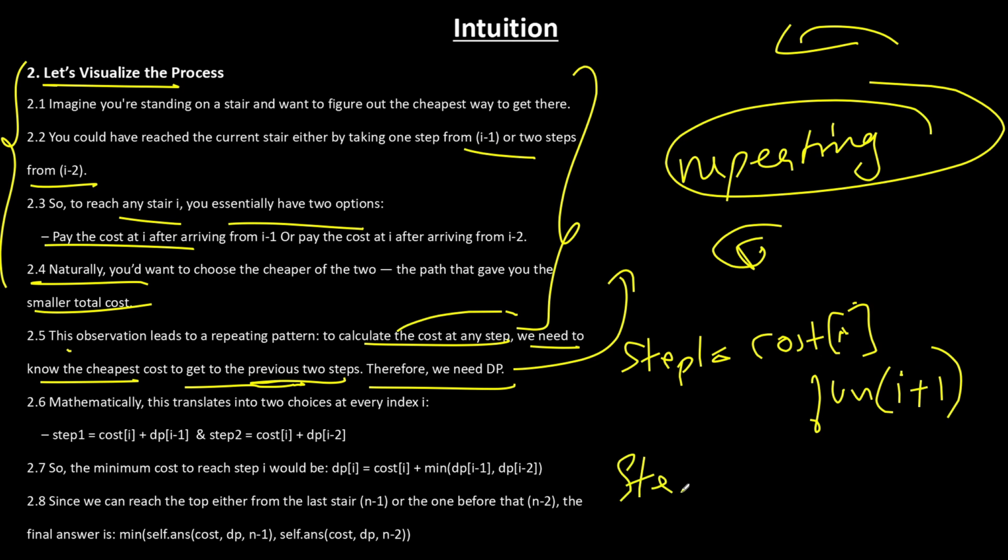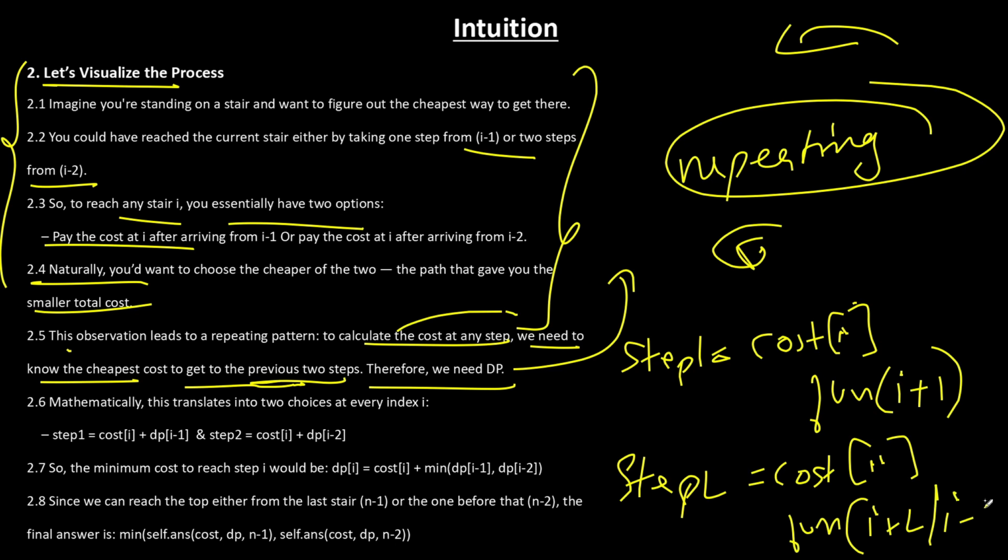Or if you take step 2, it's the cost of i wherever you're standing, and you skip a step, so you do i plus 2, or i minus 2 if you start from the back. In this particular solution, I have started from n rather than 0, okay. And after that, we will just compare the minimum of step 1 and step 2, and that will be our answer, okay. So I hope you understood the visualization process. Let's move to the next slide.